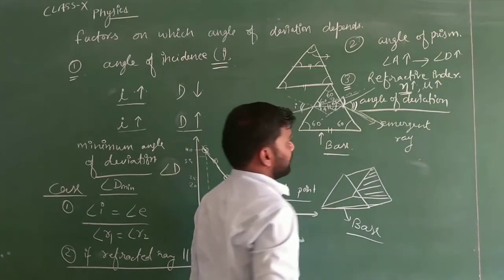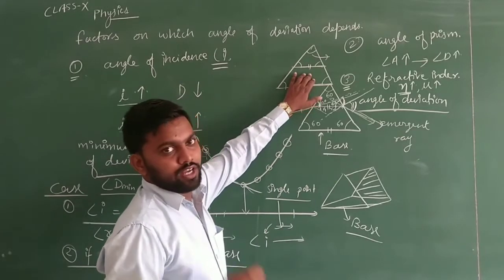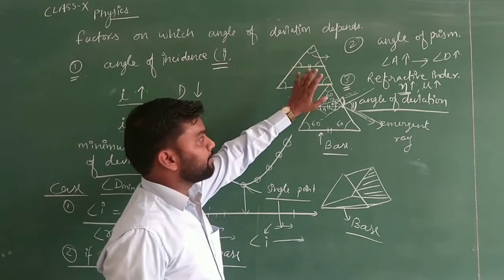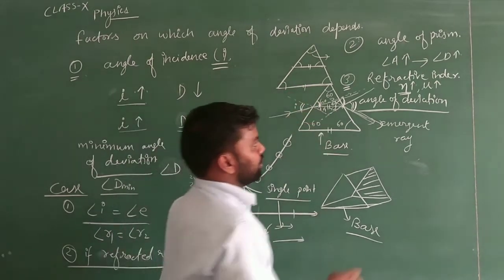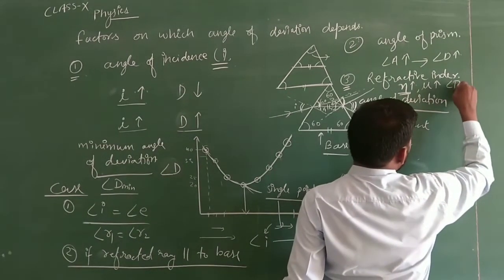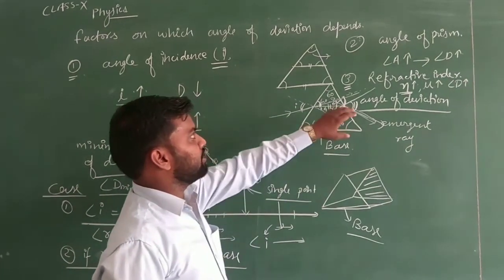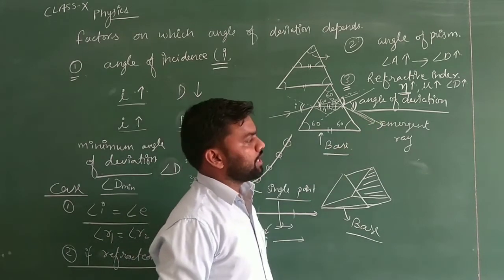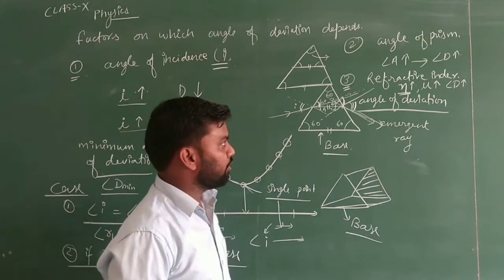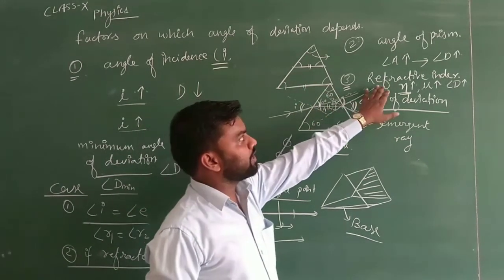So if the refractive index is increasing, definitely it will bend the light more. If it is bending the light more, definitely the angle of deviation will increase. Okay students, we have already seen in the previous session that if refractive index is increasing, definitely the angle of deviation will also increase. So what is the meaning of refractive index?